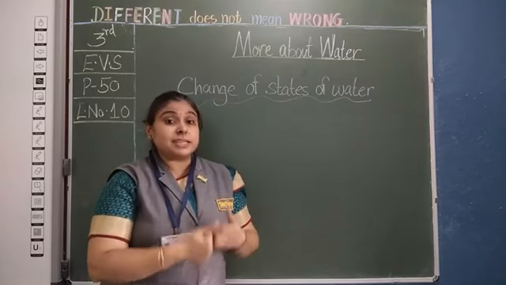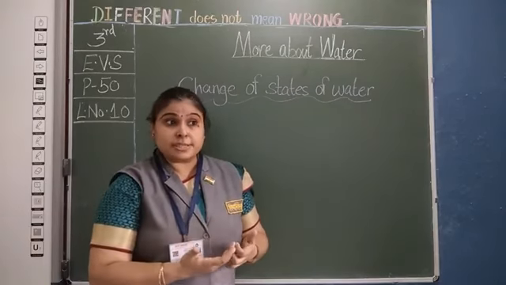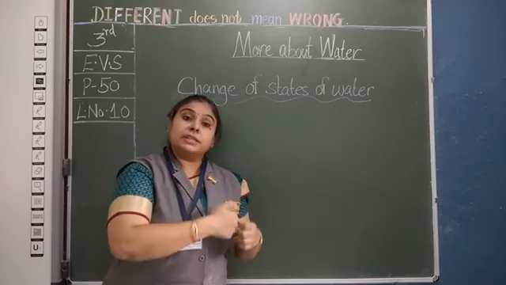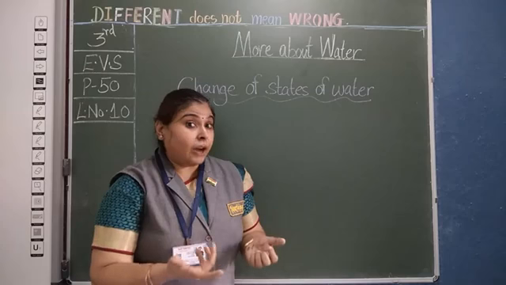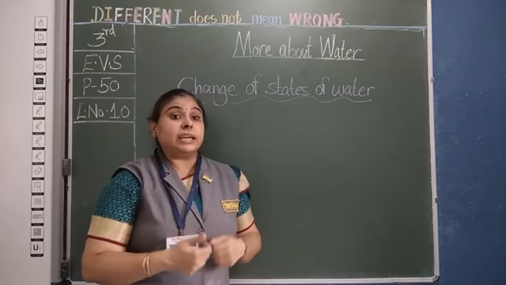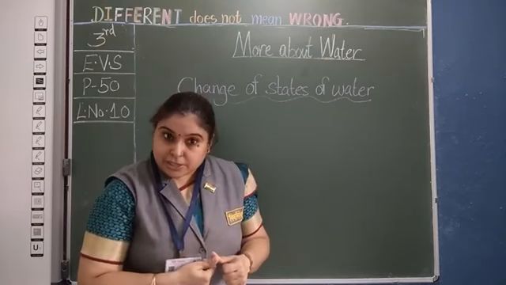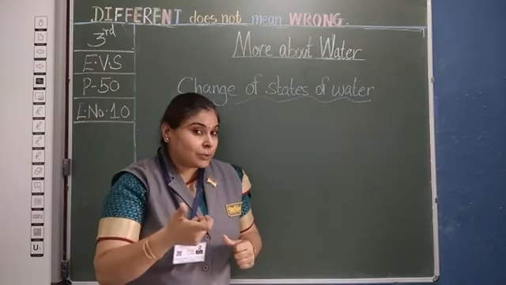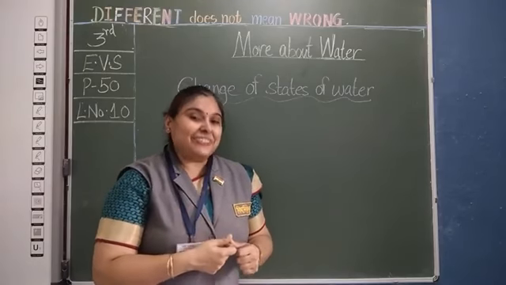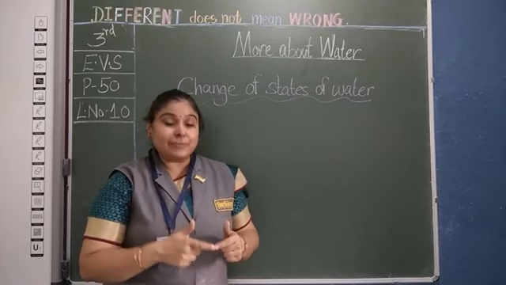Which process has taken place? The water has turned into water vapor. And why vapor? Because it came into contact with high temperature, with heat. What is the name of the process? Yes, evaporation. Correct, everyone.